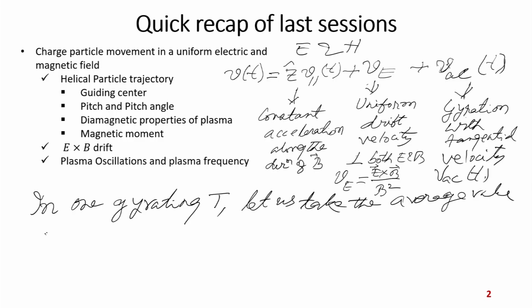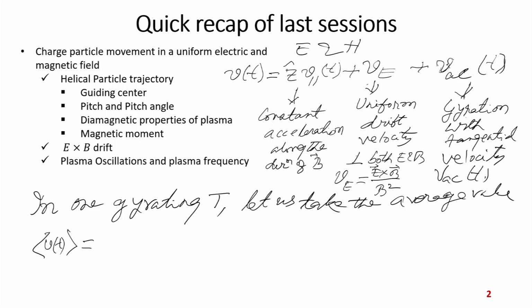If you take the average value of V_T, then what you will find, since this tangential component of the velocity is also the perpendicular component, perpendicular to the direction of the magnetic field. So, if the magnetic field is in the z direction, then V_AC will be in the x and y plane. The differential equation we have found is a harmonic equation, so the solution is a circular function, either cosine or sine.